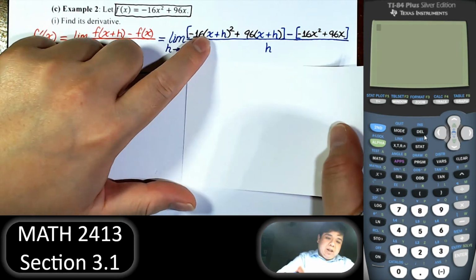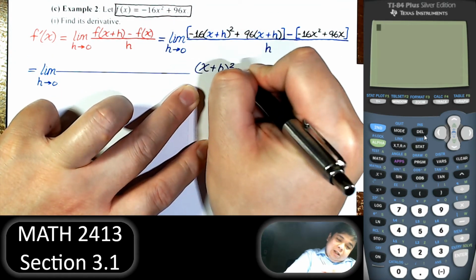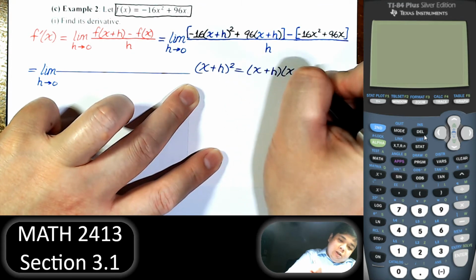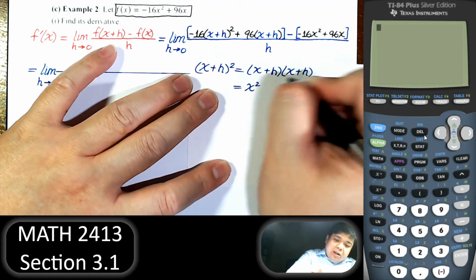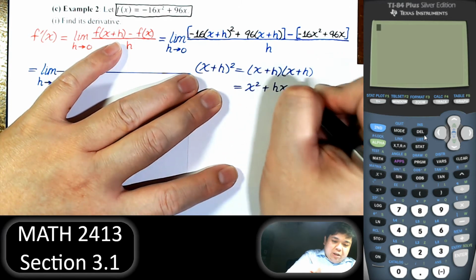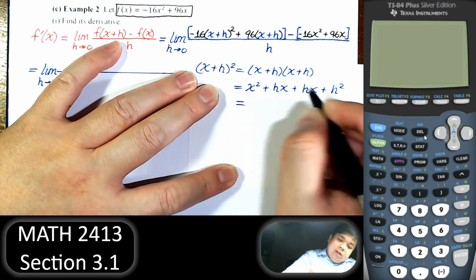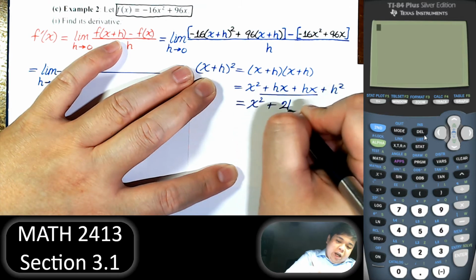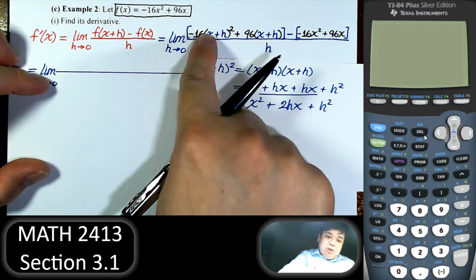So I have x plus h squared, which is x plus h times x plus h. Multiply it out: x squared plus hx plus another hx plus h squared. So that gives us x squared plus 2hx plus h squared. I will substitute that in here.